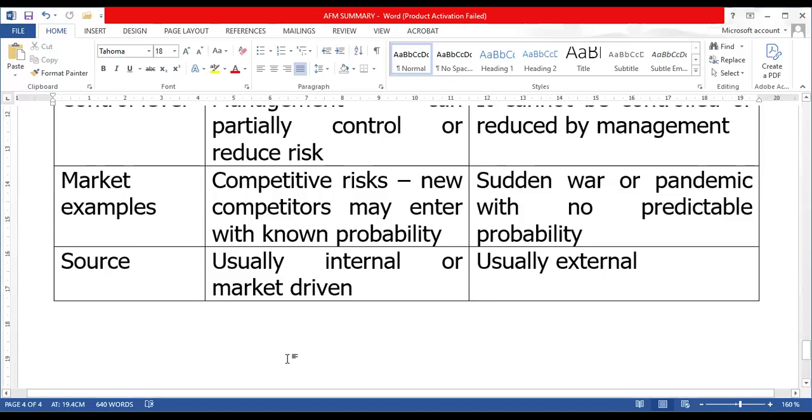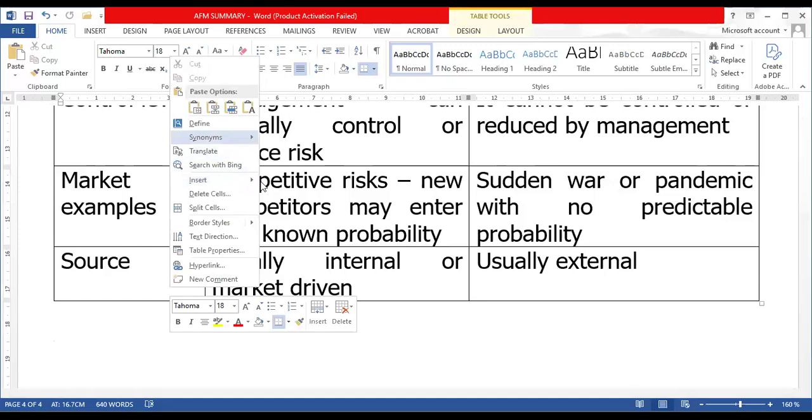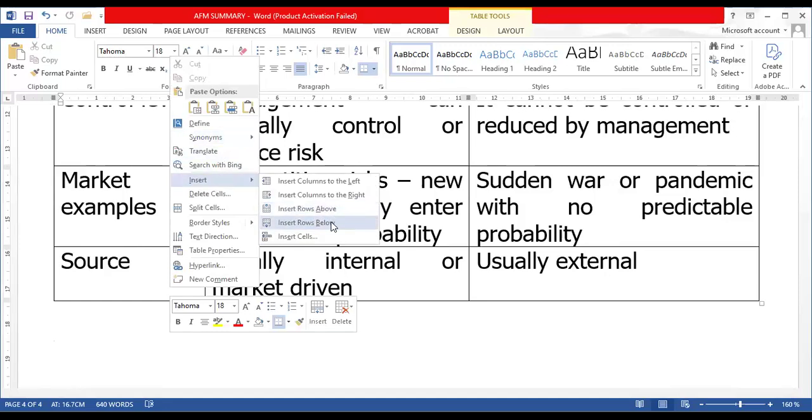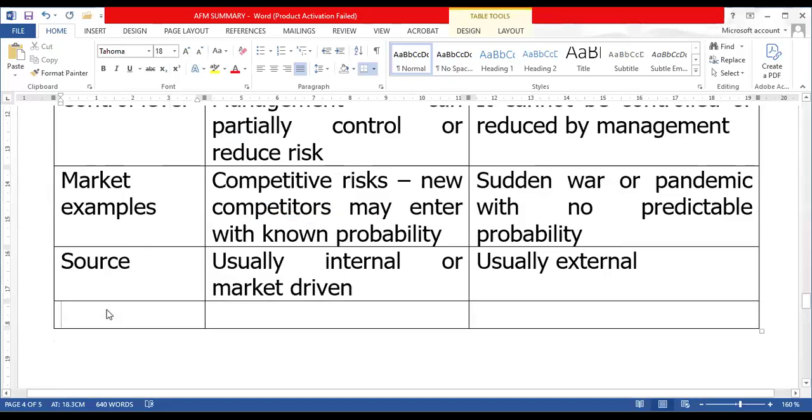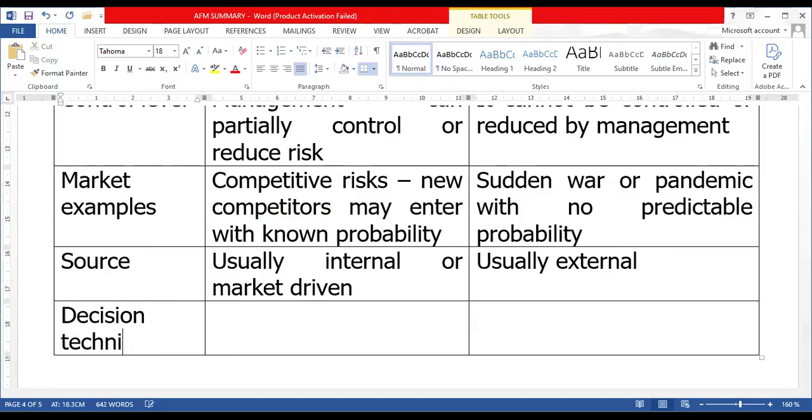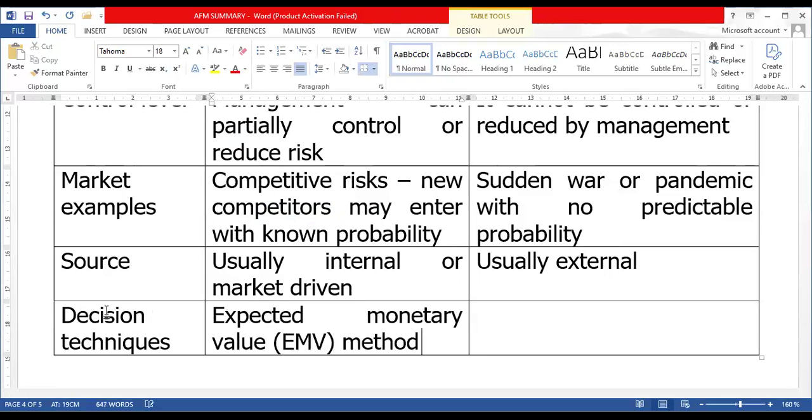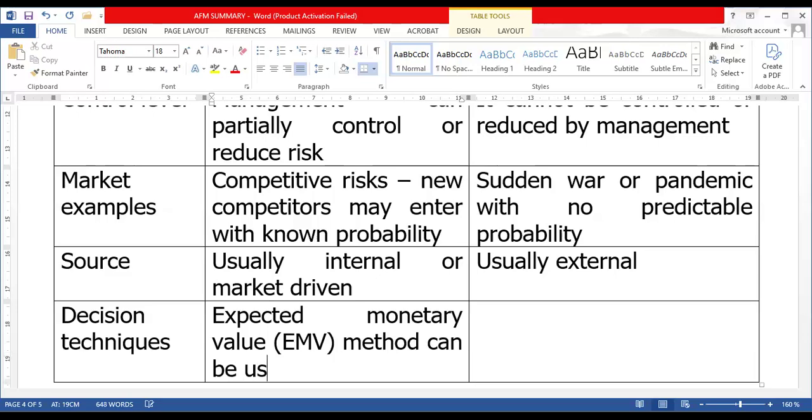Now, guys, there is a good point here for exam purposes. These points are easy to recall, especially when you meet a question like this. There is a point about the decision technique we normally use. For risk, we normally use expected monetary value, EMV. That method can be used.